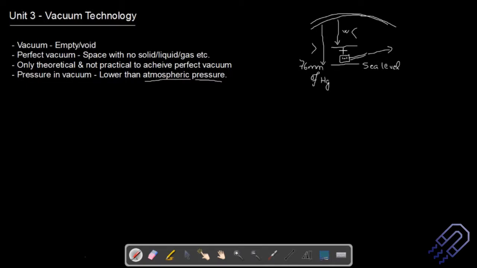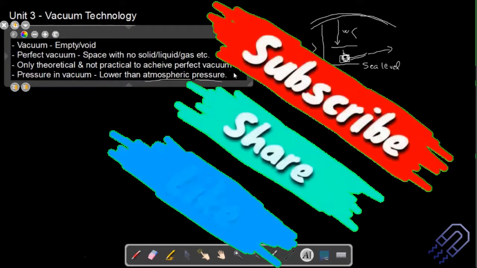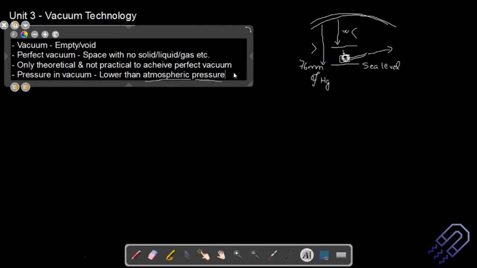The pressure on the box might be more, but within the box we are maintaining a vacuum, since we have dragged all the elements out of it. This is the idea when we talk about pressure, so we have to remember the basics of atmospheric pressure, and that is very important.